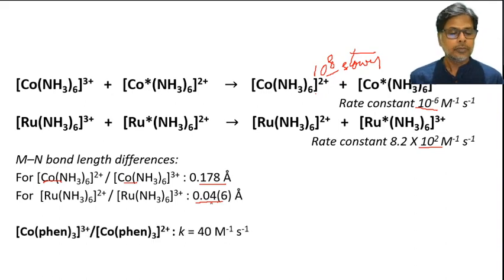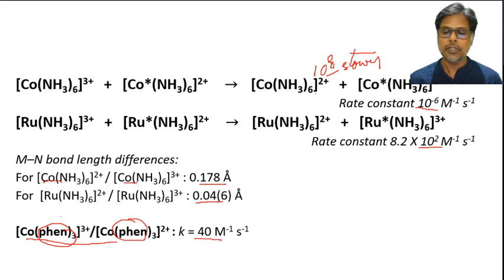Now it is not always true that the electron transfer in all cobalt complexes is sluggish or slow. If you take a look at the cobalt 3 and cobalt 2 couple again, but with phenanthroline ligands, the reaction rate is quite good.